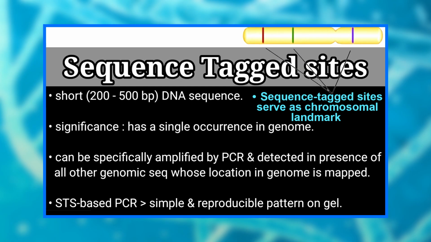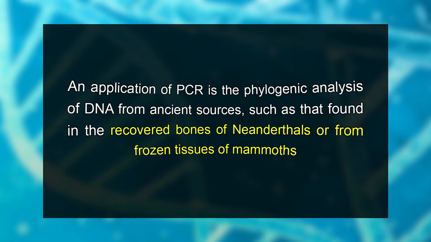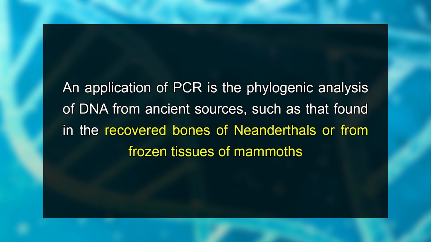Sequence tag sites is a process where PCR is used as an indicator that a particular segment of a genome is present in a particular clone. An application of PCR is the phylogenetic analysis of DNA from ancient sources such as that found in the recovered bones of Neanderthals or from frozen tissues of mammoths.